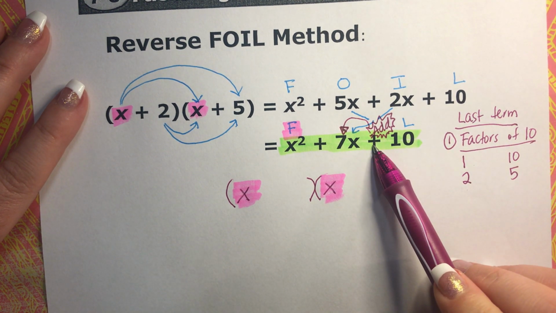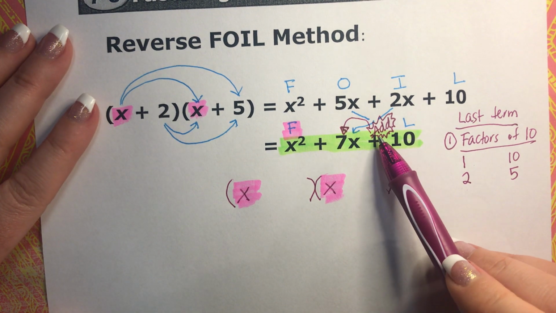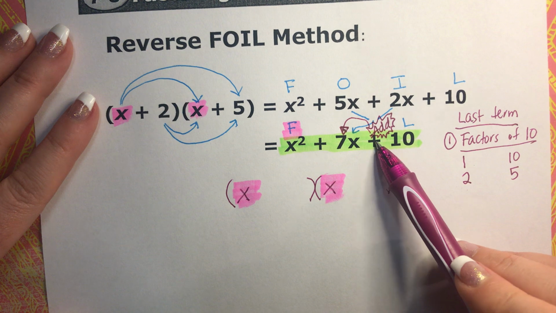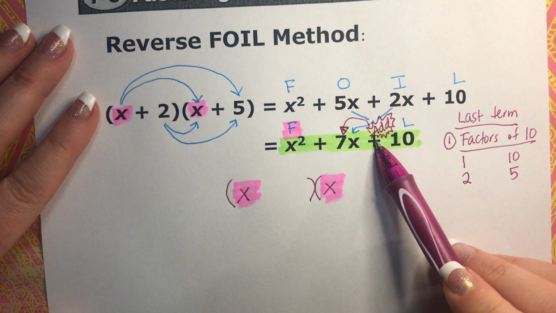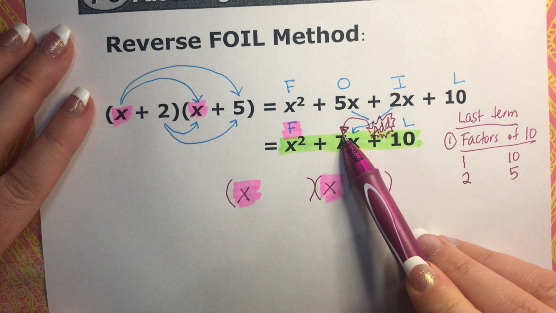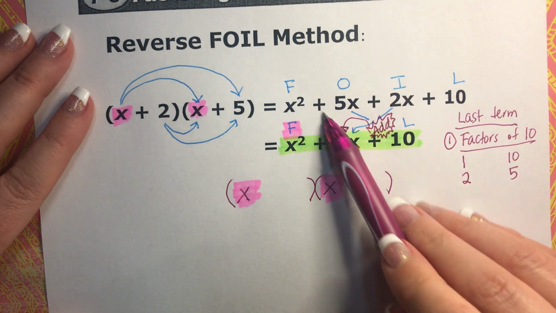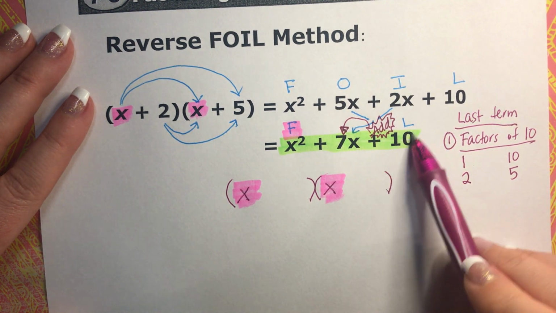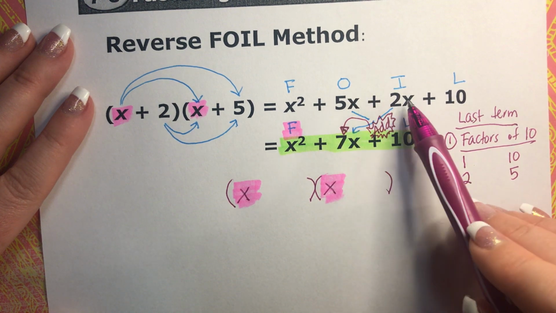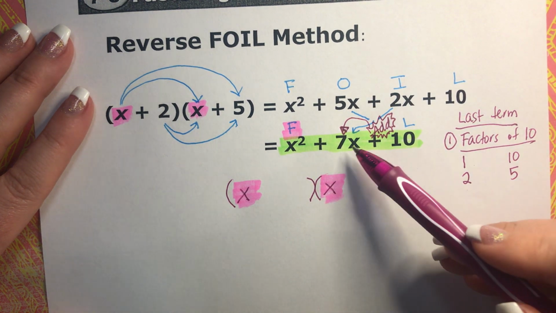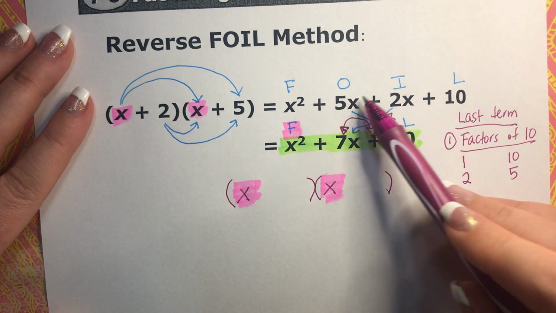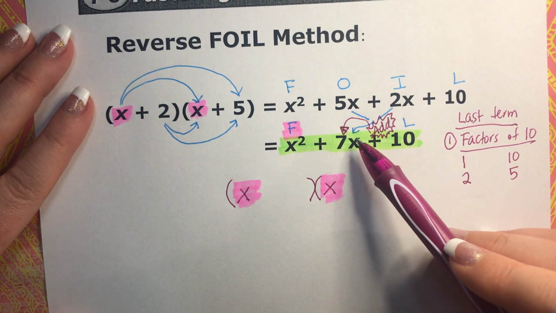This plus sign really means two things, but the first is that out of the factors of 10, you add those two factors together to get 7. And that's what's happening here: the O and the I, the outside and the inside, if we're going in reverse, you're adding those together to get 7. That's what this 7x is made up of: adding two of the factors of 10 to get 7.